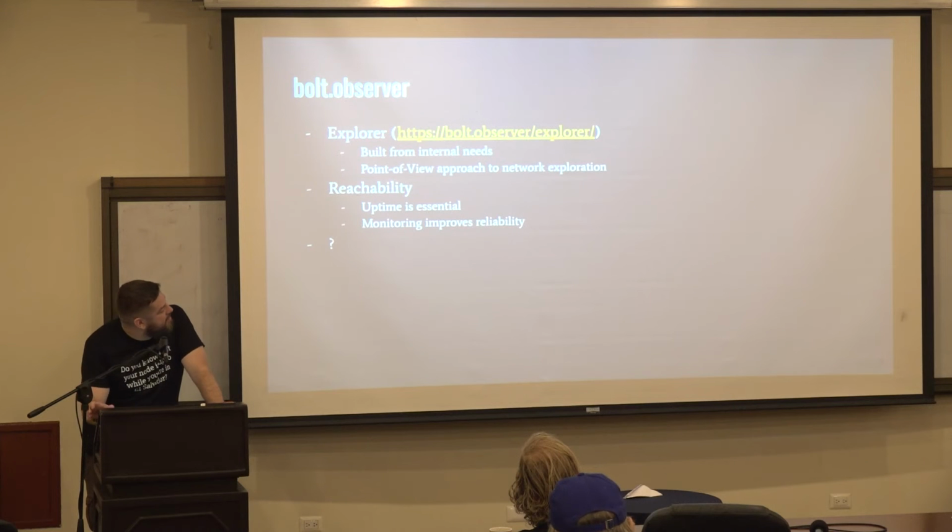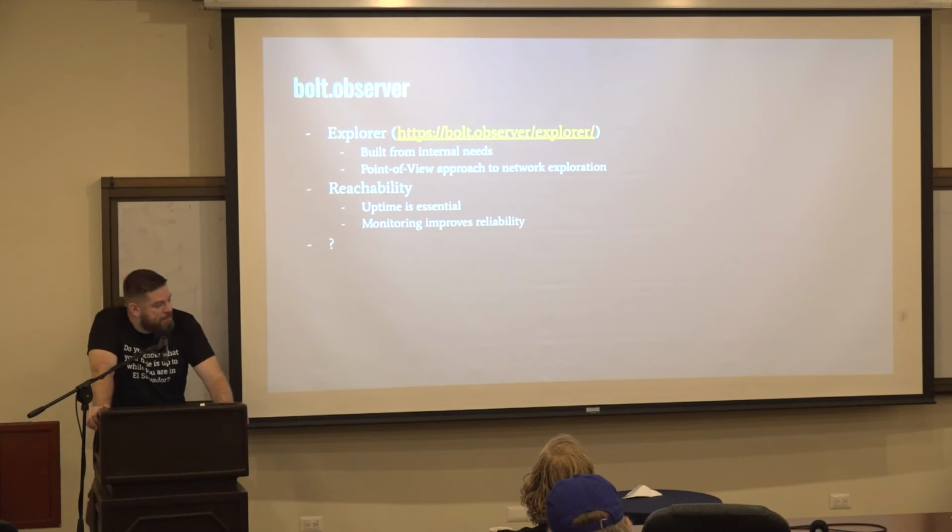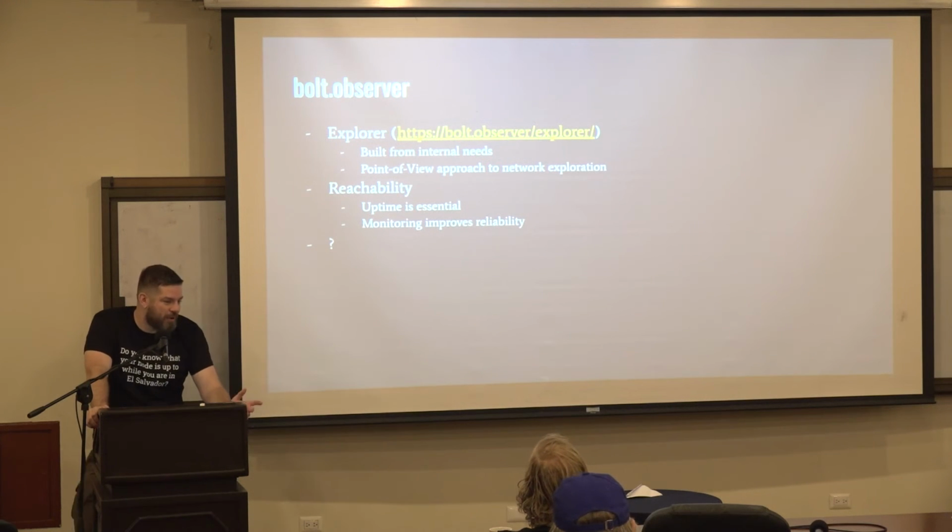So the second one is reachability. You've heard that word several times today already, so you might guess that it's basically monitoring your uptime. So we have 3 checks. Basically, we can ping you over TCP or whatever, so we just try if your internet is still working.